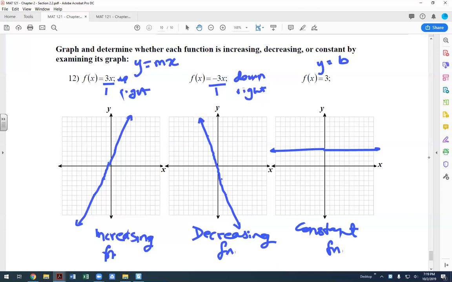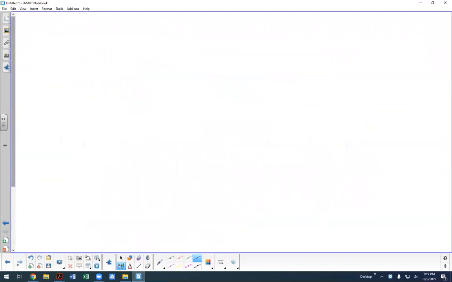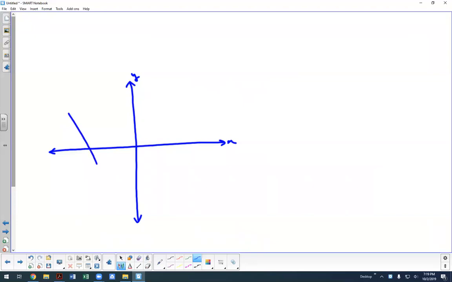Okay. Now, just to show you the idea of if we were trying to do this on the same graph, you could have a graph that looks something like this. So if we're sticking with straight lines, you could have something that goes down, goes like this, and I don't know, keeps going.